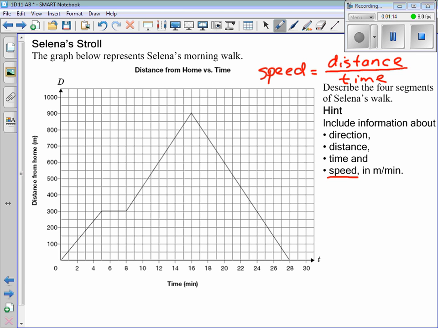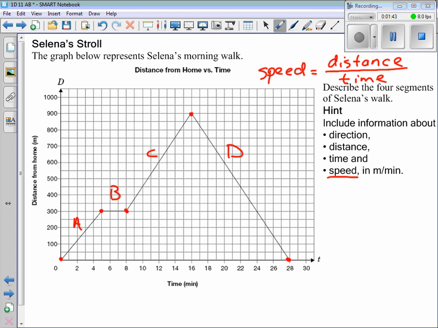Our first segment starts here, goes up like this, and ends right here. Then the graph changes, and our second segment goes across like this. Then it changes again, and we've got another segment coming up to here. And then our last segment is the rest of the graph. So these are our 4 segments, and I'm going to label them A, B, C, and D so we can refer to them.